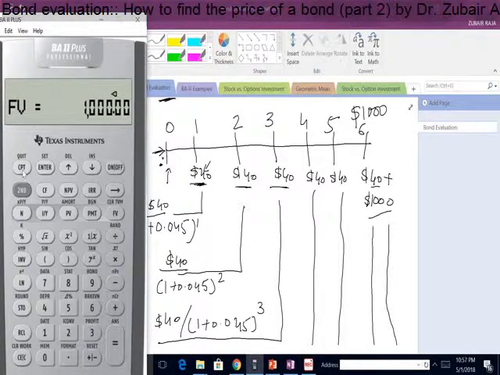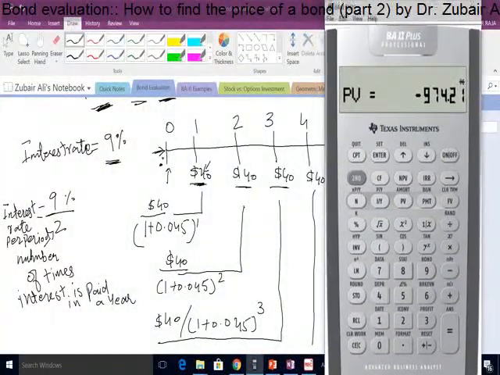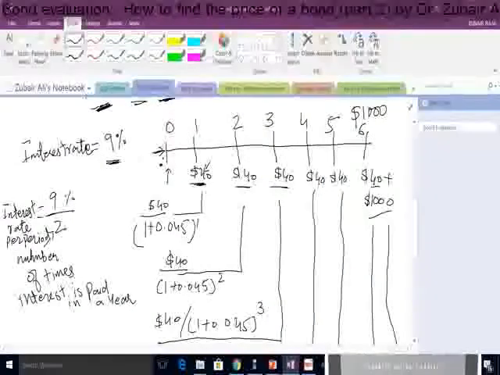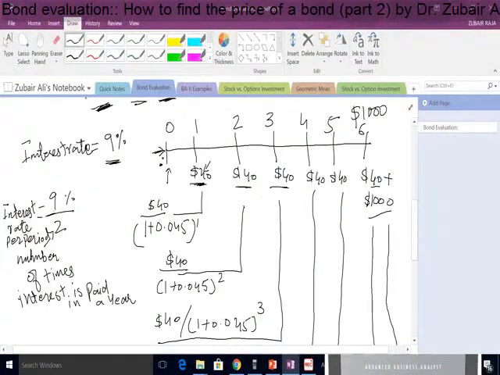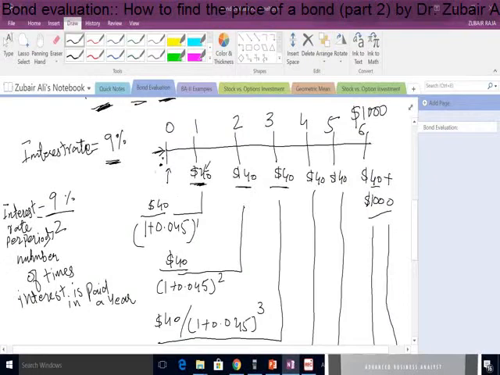Now let's compute the present value. The present value turns out to be $974.21. So this new investor will pay $974.21, right?